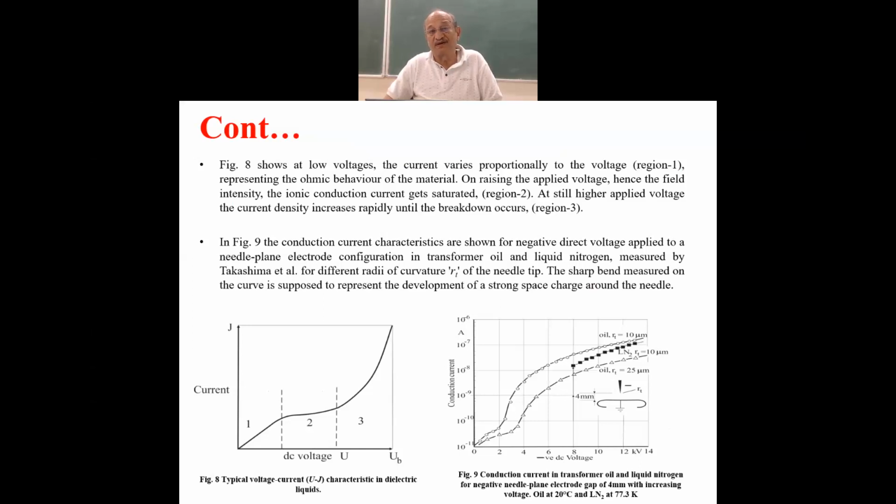Not just through the material, there is some conduction current over the surface of the material. And that is true in case of liquid dielectrics also, when they form a surface with solid or gaseous dielectrics. So the surface currents in solids and liquids also affect the pre-breakdown current.